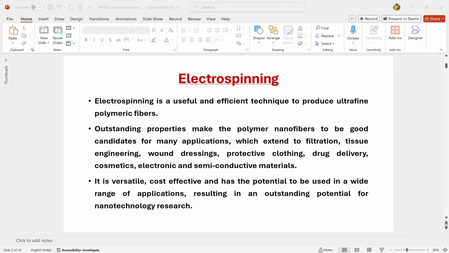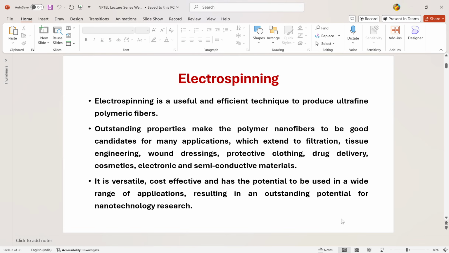Like, why is electrospinning important? Framework for cell biology. Basically, you have to make a scaffold. So, if you want to do tissue engineering, you need a scaffold on which your cells will be seeded and it will grow. That will be provided by your nanofibers.